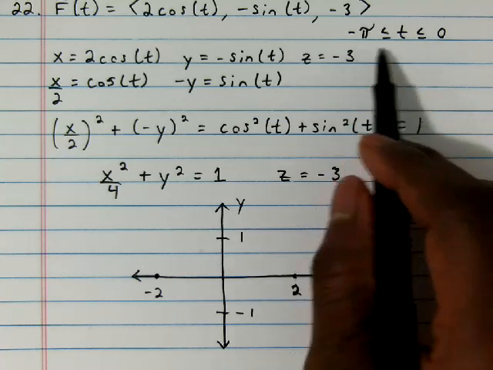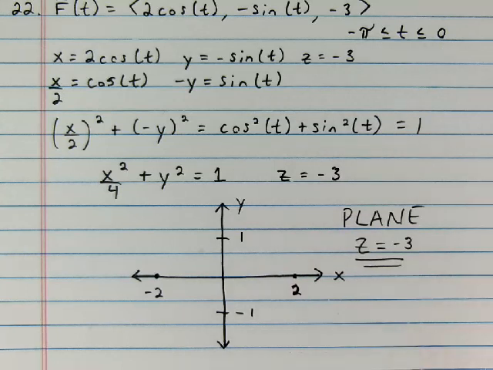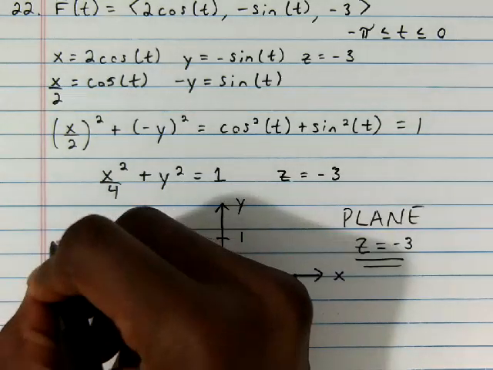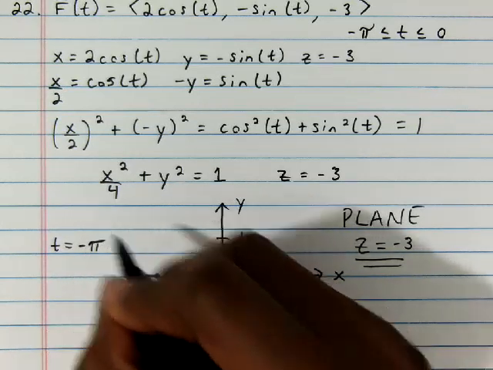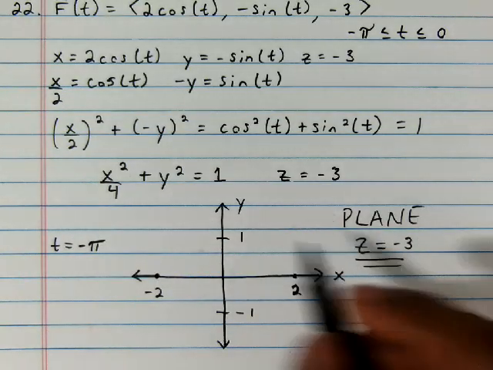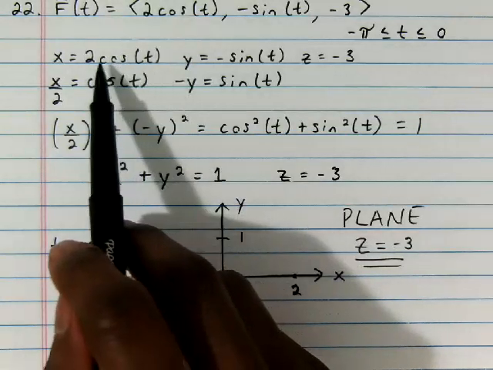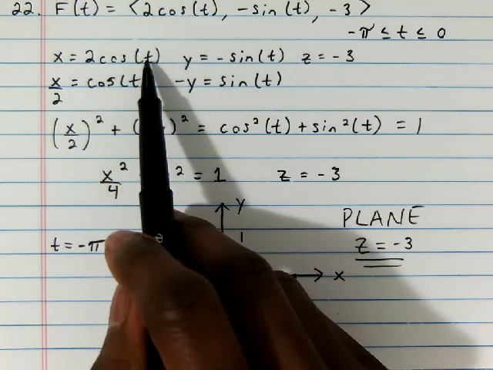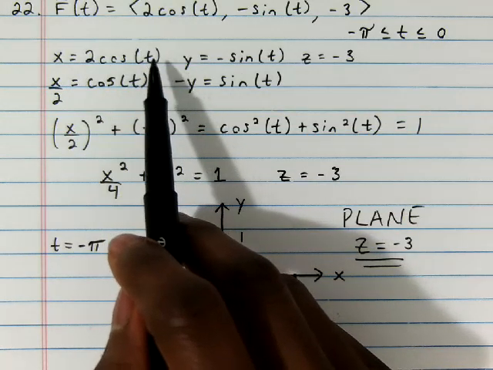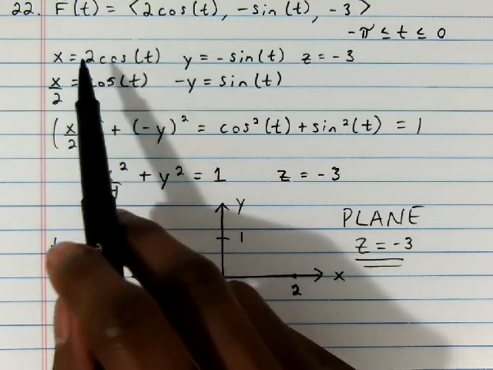But I need to pay attention to this. So let's just plug in some points. So at t equals -pi, what do we get? At t equals -pi, right here, we put those in here. So 2 times cosine of -pi. Cosine of -pi, same as cosine of pi, is -1, and then times 2.